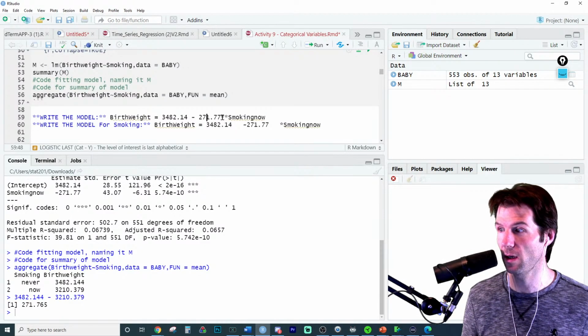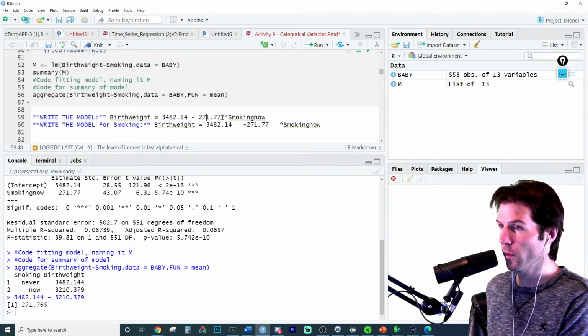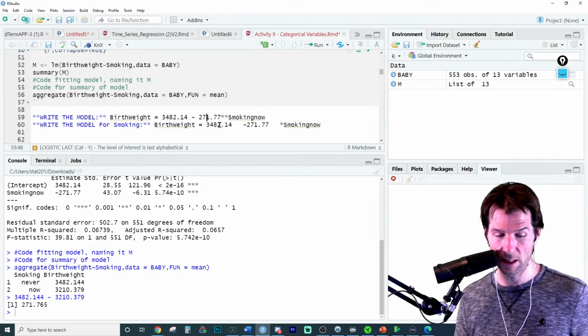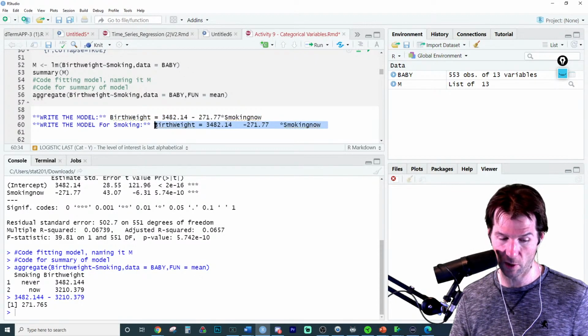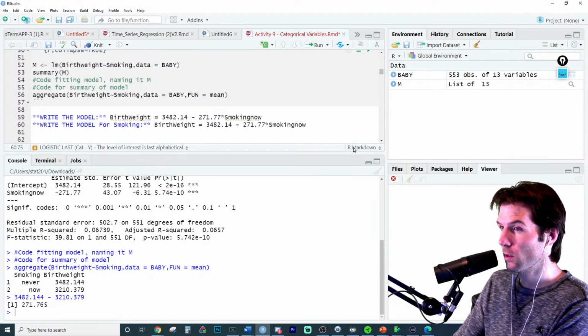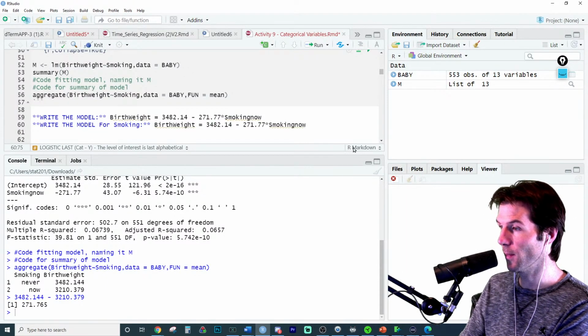Indicators can only take on two values. So what would we plug in for the indicator to indicate a mother is smoking? We would plug in what to the indicator variable and then reduce our equation down.